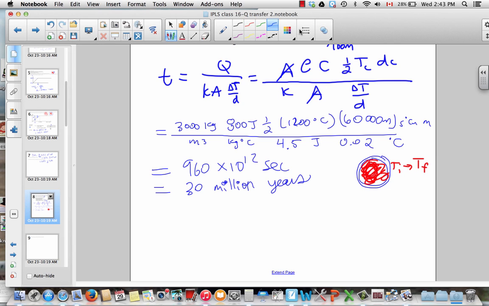If you do that calculation, you get a much older age for the Earth, on the order of billions of years, which is enough time for Darwin's evolution to occur.